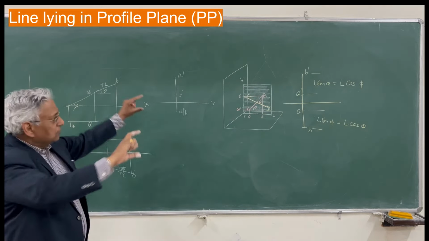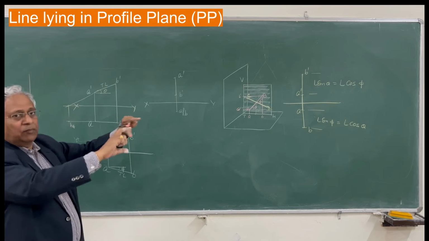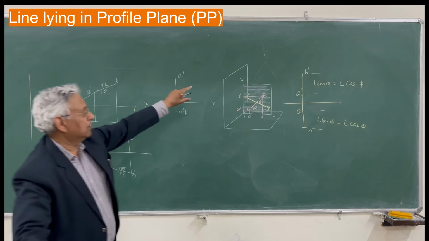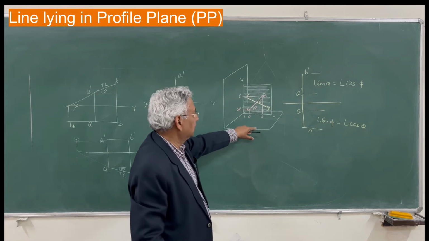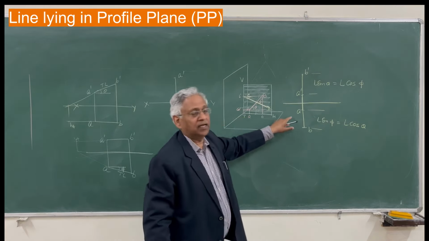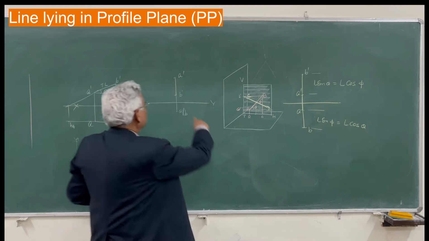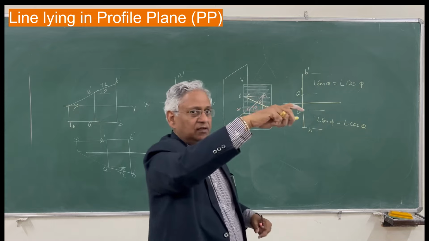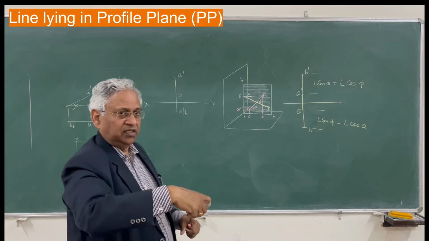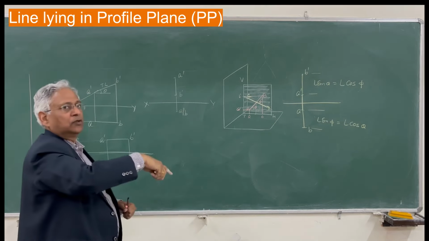Because wherever you extend this line, it will always be in the profile plane, and therefore when it meets the vertical plane, it will meet here on this vertical trace. When it meets the horizontal plane, it will meet on this line, HT. And therefore, VT and HT will also be VT, elevation, plan, HT. It will be in the same line perpendicular to the ground line.